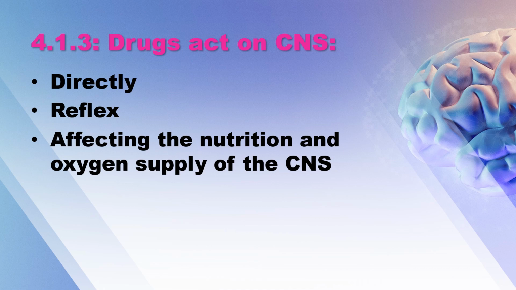Drugs act on the CNS. If there is any malfunctioning of the neuron, it may lead to a disease. So drugs may act directly on the neurons and modify the neuronal functions, or they may act reflexly by sending afferent impulses to the CNS, or by affecting the nutrition and oxygen supply, by altering the blood supply or by affecting its metabolism.